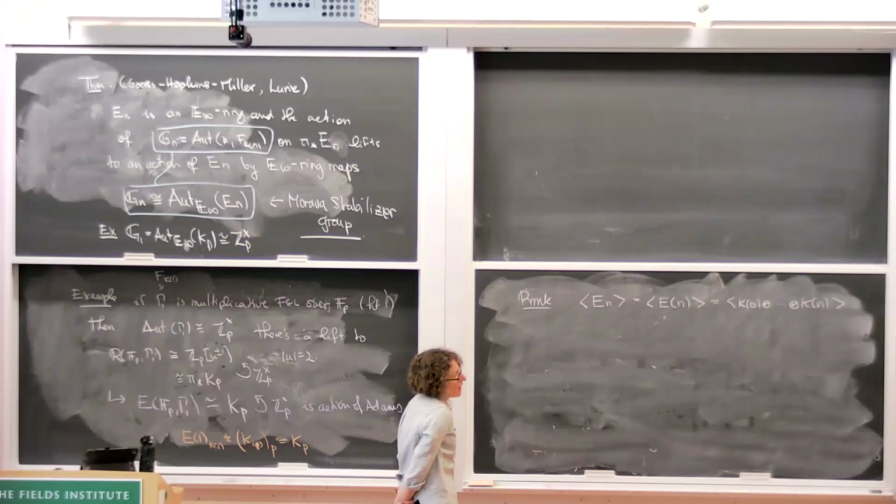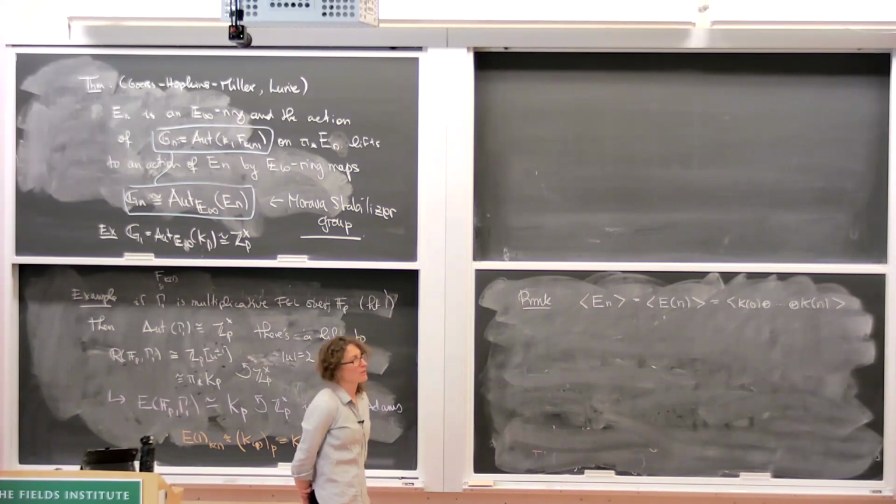Fantastic, thank you. And pivoting to the Landweber exactness point of view, the Morava E-theories are formally nicer to work with than the Johnson-Wilson spectra, which are historically a bit more relevant. They both have their advantages and disadvantages.